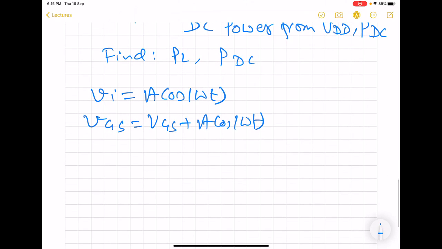Here, and drain current also we had found out. So now we are going to plot these waveforms and then see what will be PL and what will be PDC, and then try to possibly maximize it also.